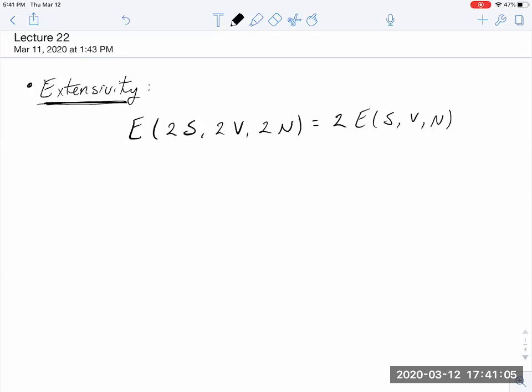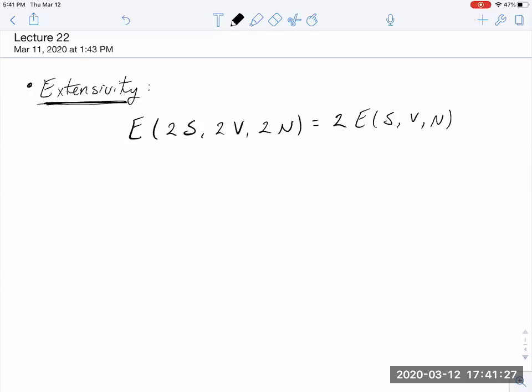So scaling the system in this case means increasing its size as codified in its volume, its number of particles, and its entropy. If I do that, then I would have the equivalent of 2 times the system that I would have had in single copies of the entropy, volume, number of particles.